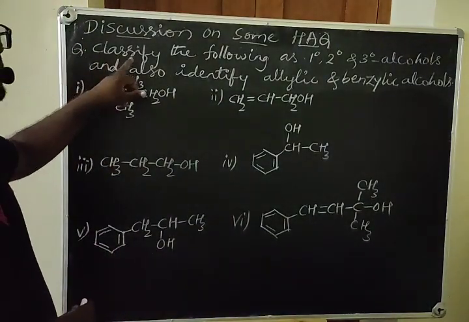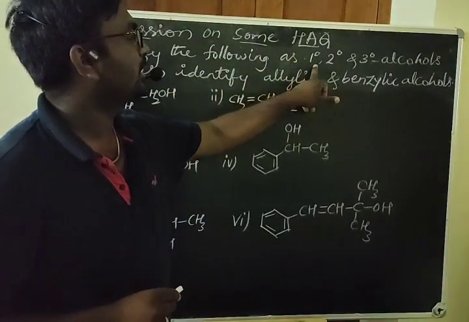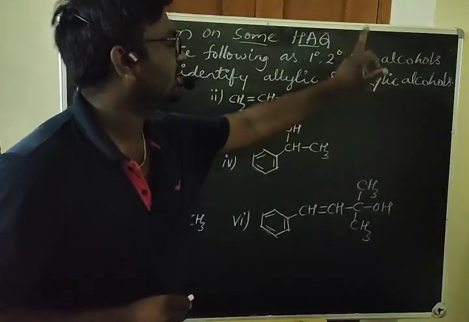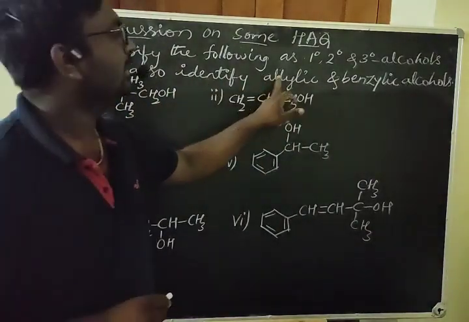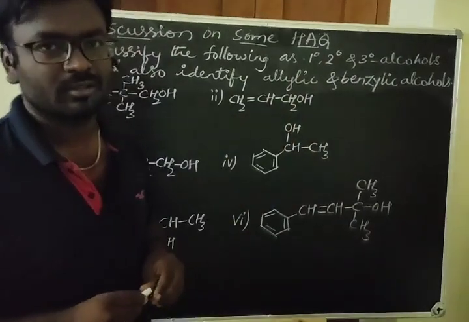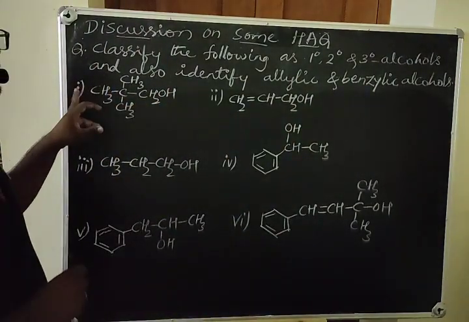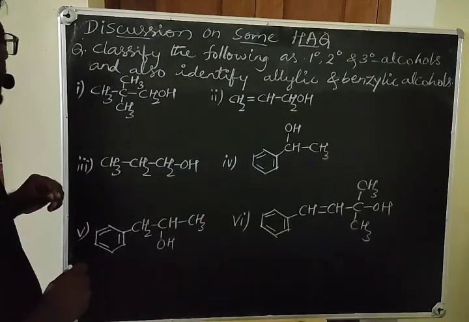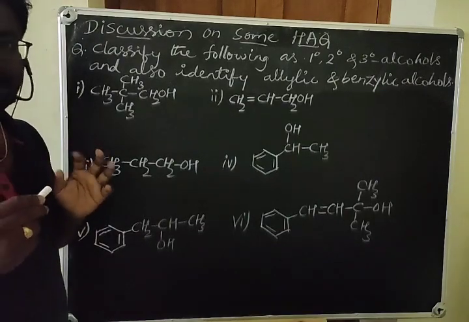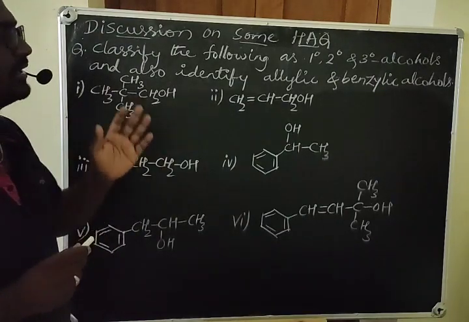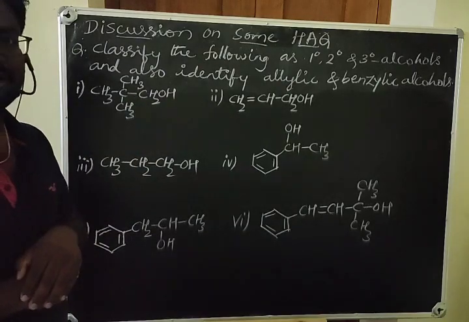The first question is: classify the following as primary, secondary and tertiary alcohols, and also identify allylic and benzylic alcohols in the given compounds. Let us take the first compound. I already told you how to determine these.